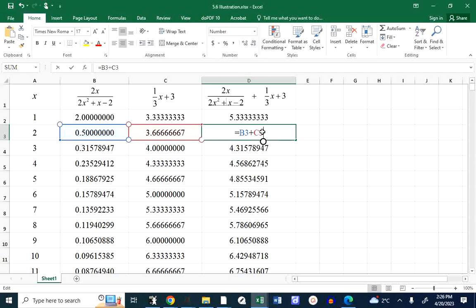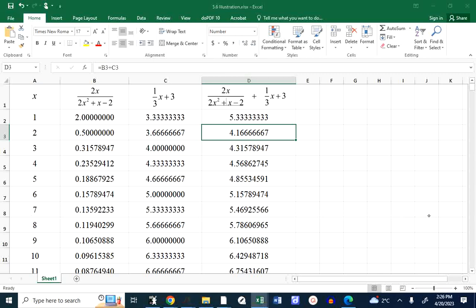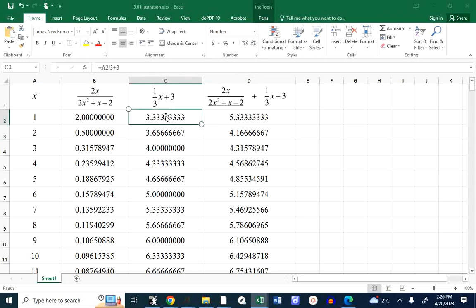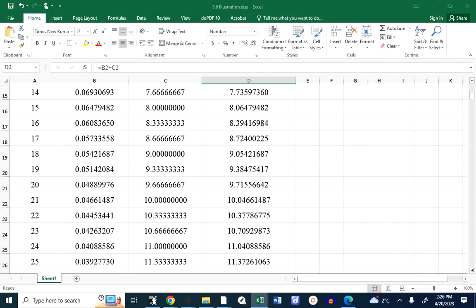So now what we look at here is the fact that when x is 1, 2 is the first part of the function, 3.3 is the second part, it adds to give 5.3. If I take a look at the proximity between 1/3 x plus 3 and the whole function at x equals 1, they're not close. But as I scroll down, what happens is those 2 columns get closer and closer together because the first column is approaching 0.